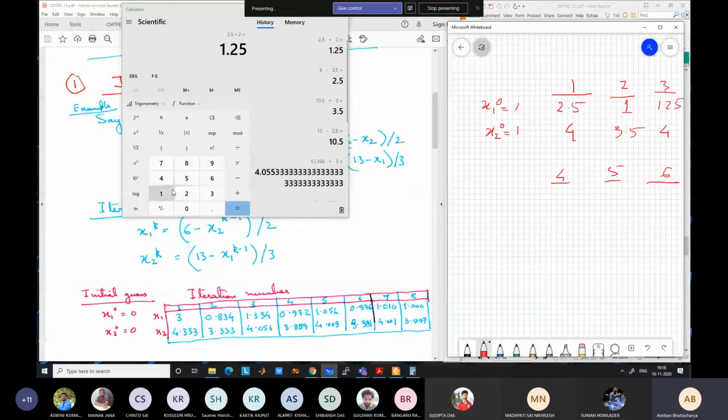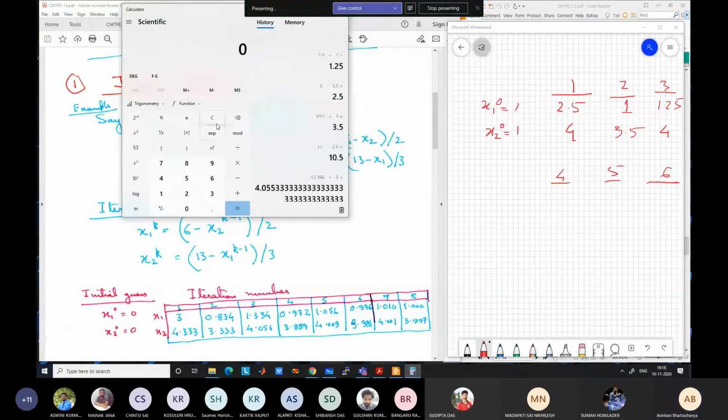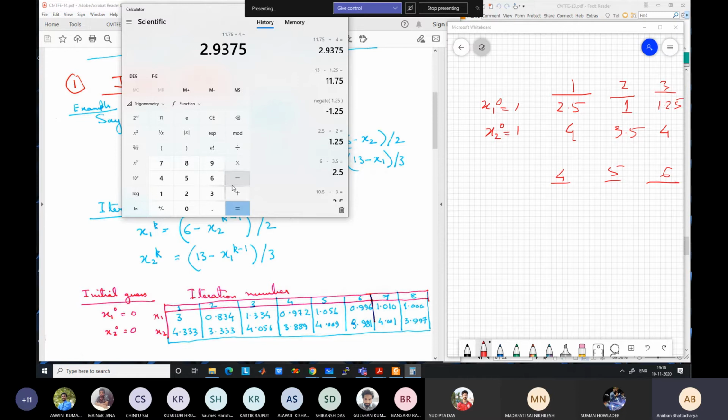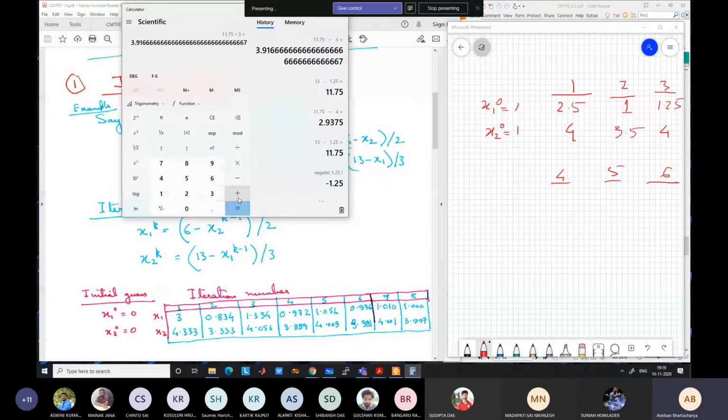So 13 minus 1.25 divided by 3 will be a more accurate value. Yeah, 13 minus 1.25 divided by 3 should be 3.917.